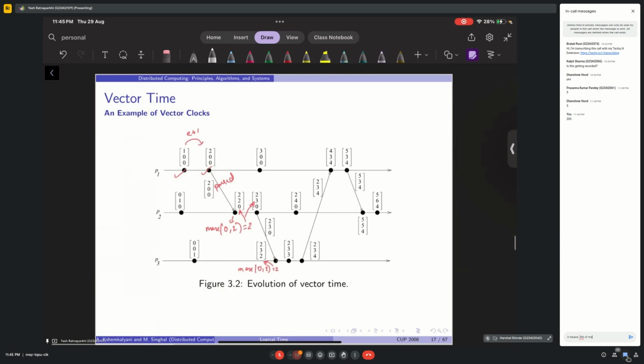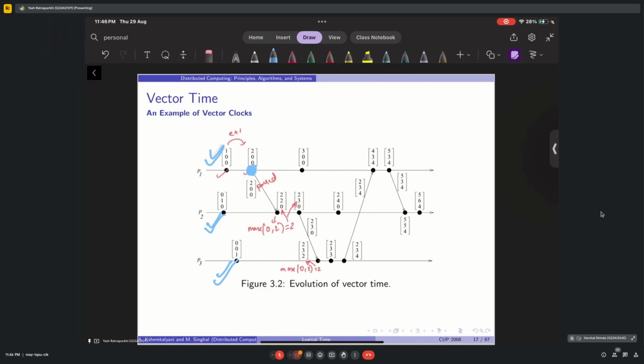See this process P1. This is clear to everyone, right? 1, 0, 0 is clear, 0, 1, 0 is also clear, and 0, 0, 1 is also clear to everyone. Now what is happening after that? This event occurred at process P1. Yes, Harshal, your point may be valid. For process P1, if event 2 has occurred, its first entry will be incremented by one, so it will be 2, 0, 0. Understood? Now everyone listen very carefully, it is very important to understand this time.